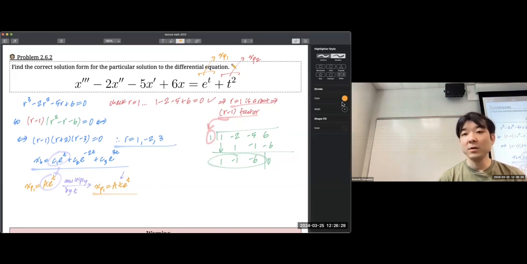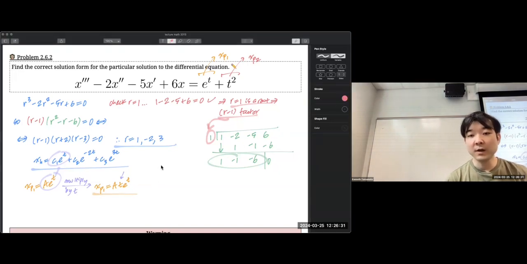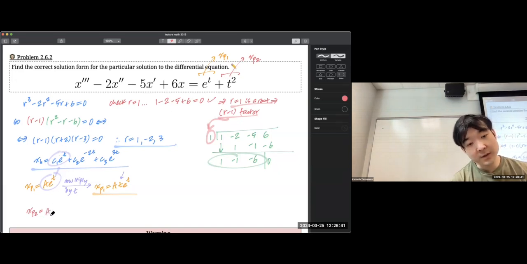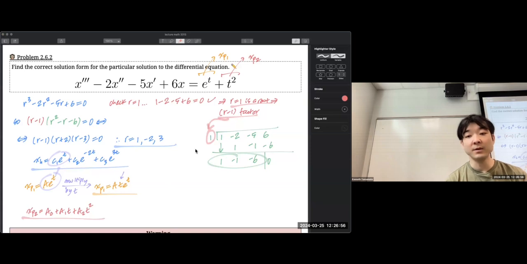Our XP2 is going to be built off of the t squared term, which is a second degree polynomial. So you'll build it as a general second degree polynomial. And this has no issues because none of these are polynomials. They're all exponential terms, so there's nothing that matches. So that one you don't have to multiply.